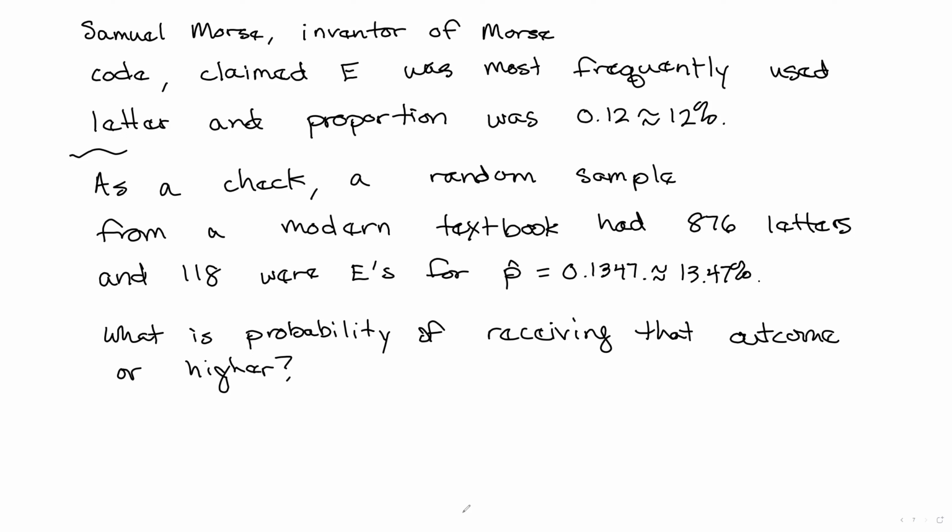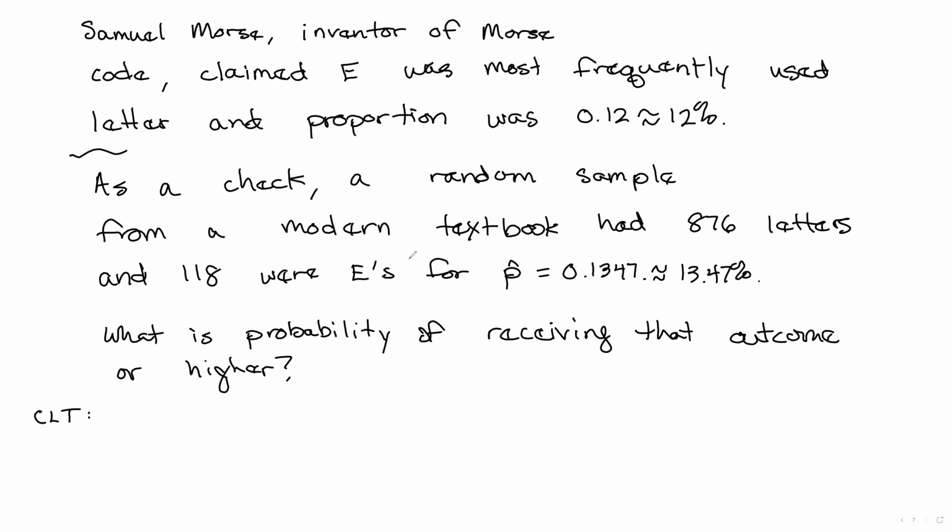Okay, so you do this an infinite number of times. The central limit theorem says that your results are going to be normally distributed, assuming our conditions are satisfied. And then we can calculate the probability that any single randomly selected set of letters would have a result that's that outcome or higher. That's the outcome there, 13.47%. All right, so first we need to do the central limit theorem checks.